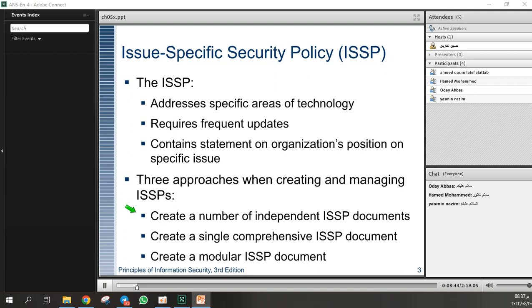Okay, to do this, I can prepare some independent documents. I can prepare a single comprehensive document, or I can prepare a modular document. There are several approaches to prepare the executive documents.